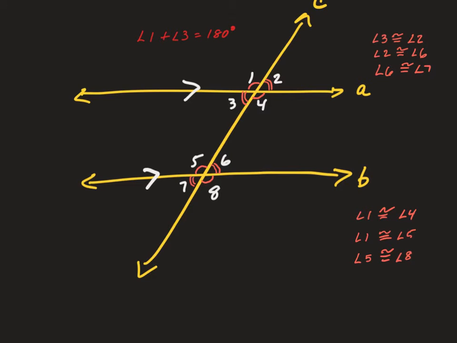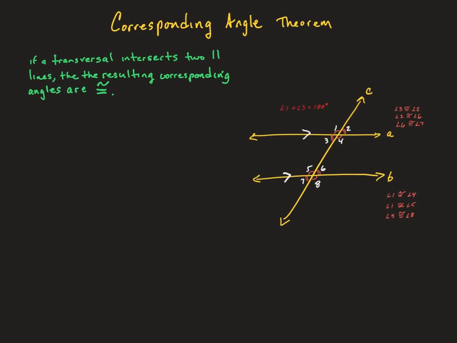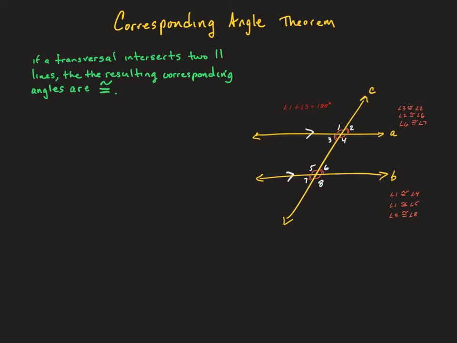So we're able to say that all of those are going to be congruent. The corresponding angles theorem says if a transversal intersects two parallel lines, then the resulting corresponding angles are congruent. That will be useful for us in the future.